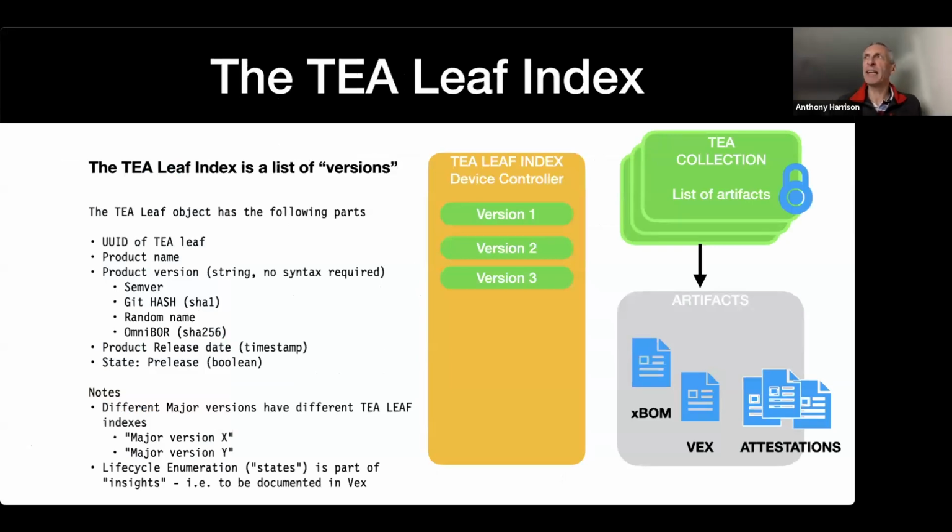So then when we look at the T-leaf, we're going to get even more metadata. The T-leaf will have a reference back, a unique identifier. It will have a human readable name and product versions. Obviously, we're probably just going to keep that as a string. It would be really nice if every product followed semver or something like that. But obviously, I think we have to recognize that product manufacturers are going to have some freedom.